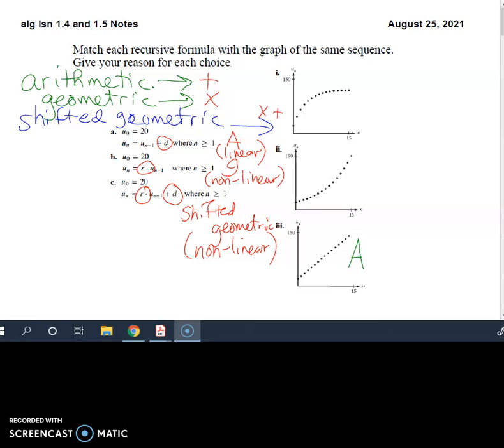For geometric and for shifted, keep in mind that the graphs themselves will either go up like this or they're coming down.